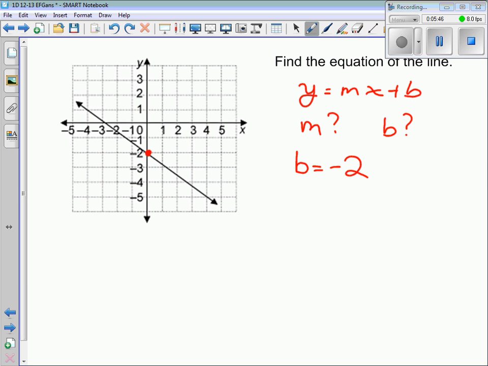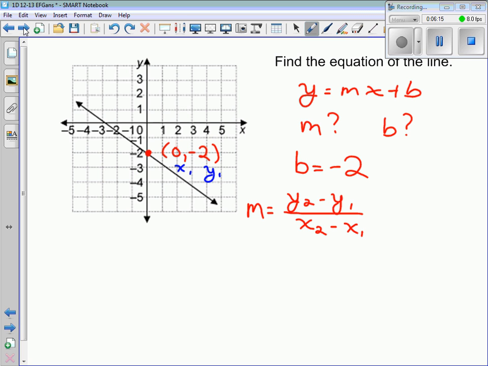Now, once we've got that point -2, let's just label it with some coordinates. Our x is 0, our y is -2. Next up, we need our slope. Slope we're going to use y2 minus y1 over x2 minus x1. We've already got the coordinates of one point. We'll call this x1 and y1.